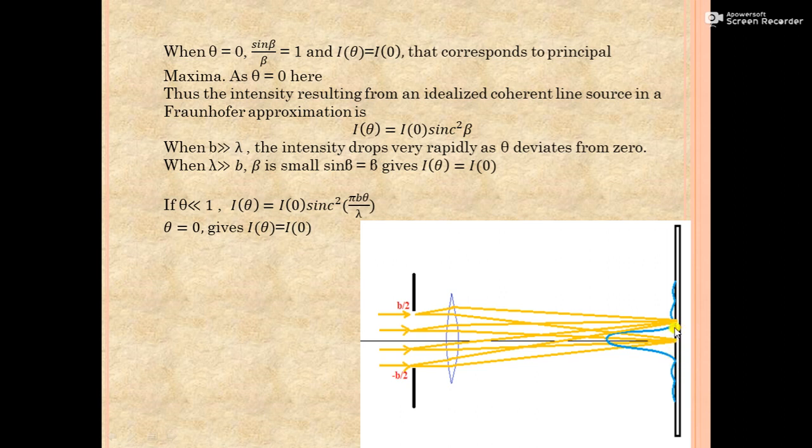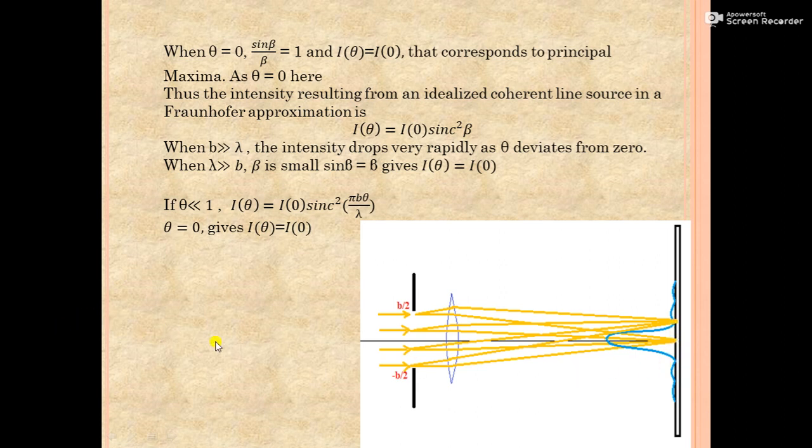We can get the width of the central maxima by calculating the position of the minima. If we calculate the position of the first minima on both sides of the central maxima, then we get the width of the central maxima.